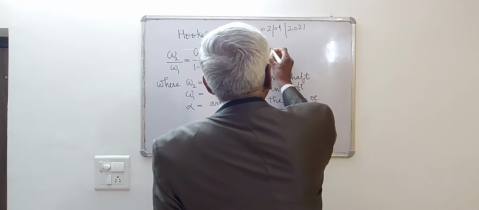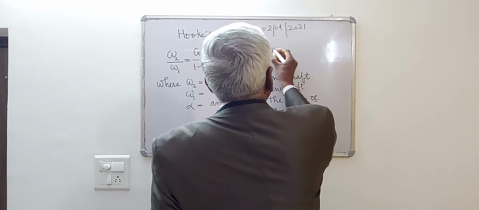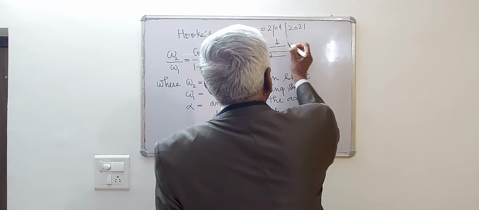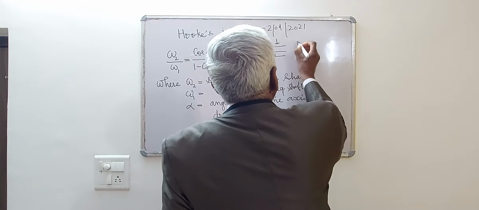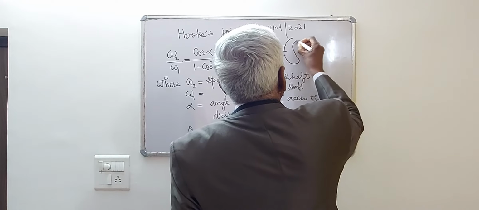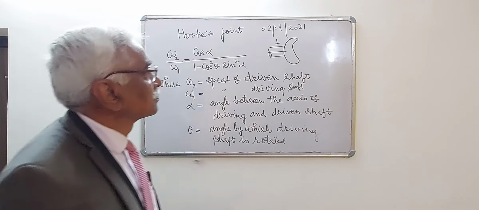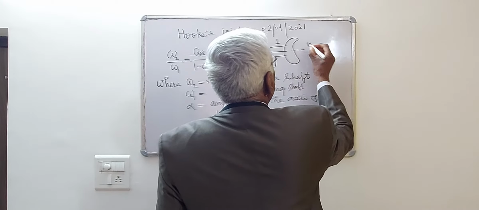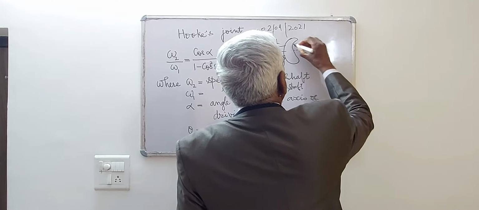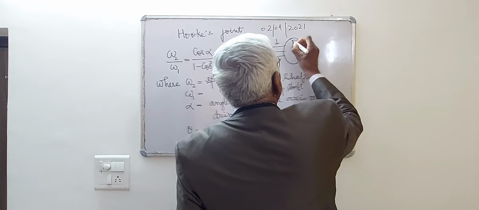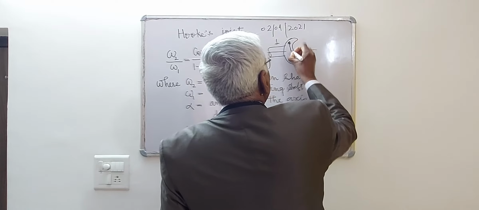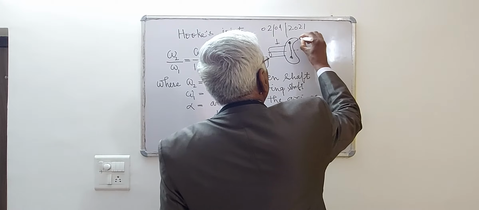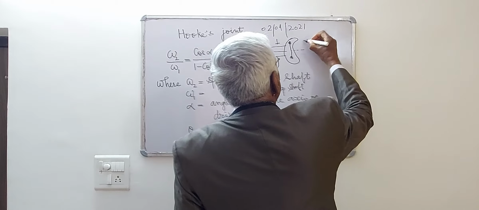And the figure was like this, as you have gone through. This is the driving shaft, indicated by 1, and it was provided with a fork, and there was another shaft provided with a cross, and the other shaft was the driven shaft.